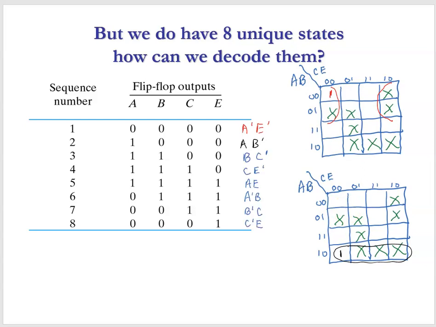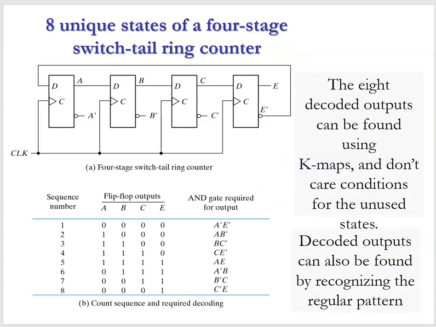We should know how to do this now. And we can decode these each to just one AND gate. The inverted outputs we can get from the flip-flops. So now we can get 8 decoded states. These 8 decoded states, again, we can find them with the Karnaugh maps, or we could recognize them with patterns, of the regular pattern.